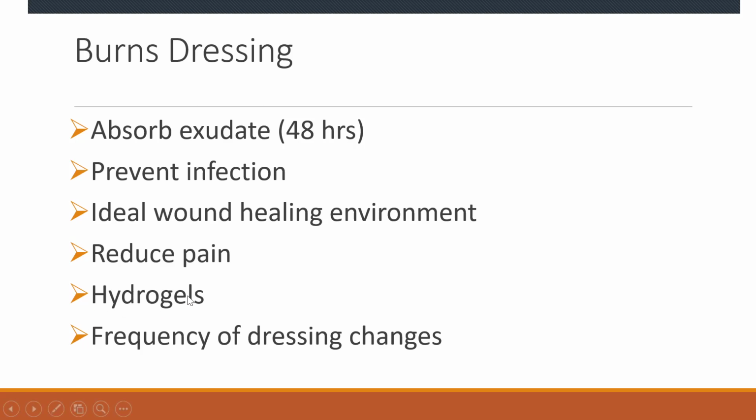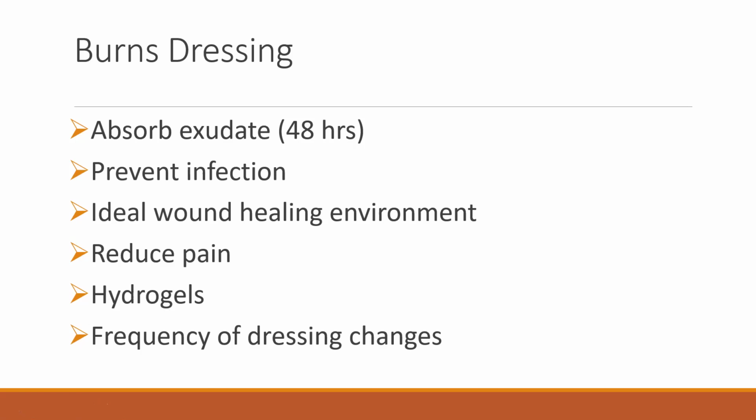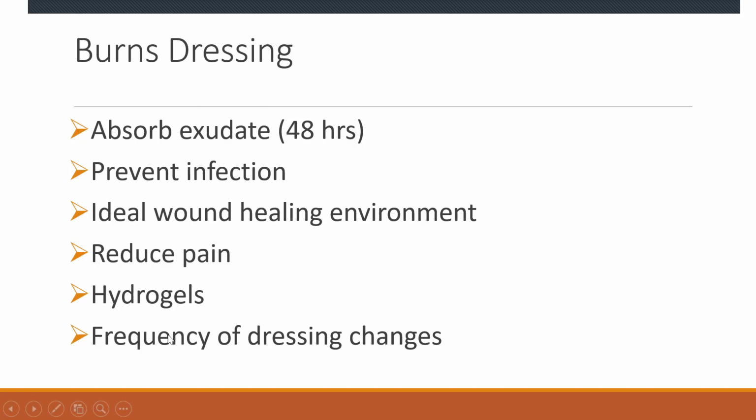Sometimes we'll consider hydrogel. Hydrogel can absorb the moisture that comes out and also maintain a good moisture level in the area, and also can cool down the area. So normally, for a dressing, we consider the hydrogel.